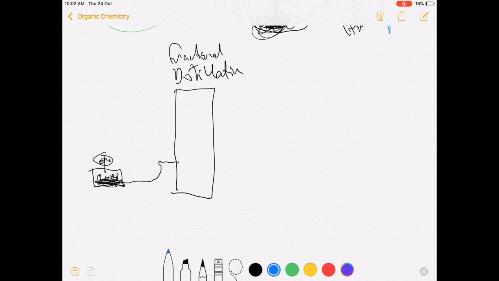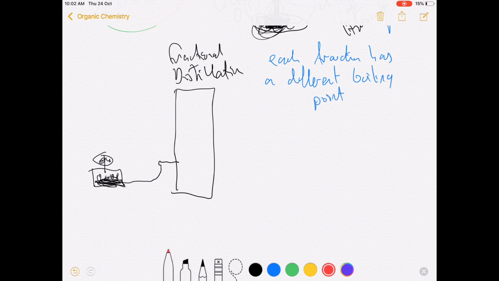Fractional distillation works on the basis of each fraction has a different, you got it, boiling point. At the bottom of here, it's hot. I always teach my students, big, hot bottom. Seems to stick in the brain, don't know why.